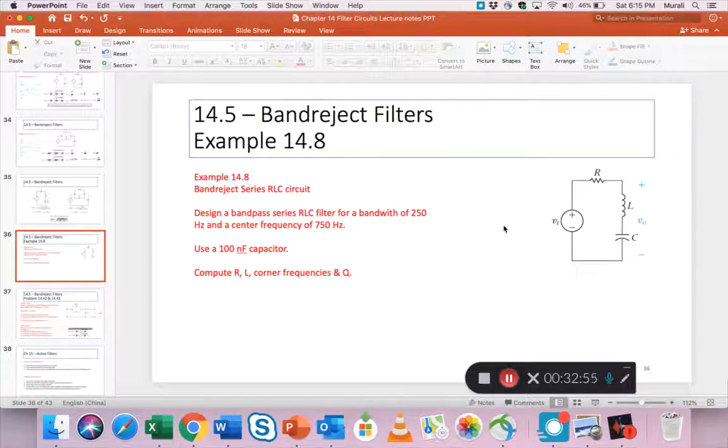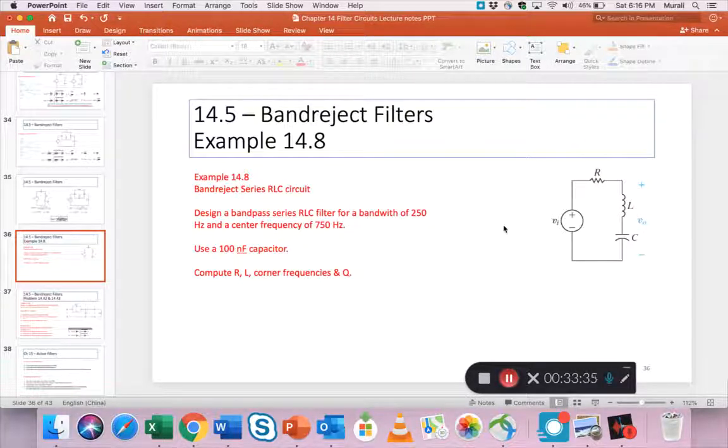Instead of using the formulas for corner frequency that we've generally used, which is to put in the values of R and L or R and LC, he is just using betas. So it looks like there are 3 different ways to calculate the corner frequencies. You can either use the values of the resistance, inductance, and capacitance, or you can find the bandwidth and use it along with the center frequency, or you can find Q and use it along with the center frequency.